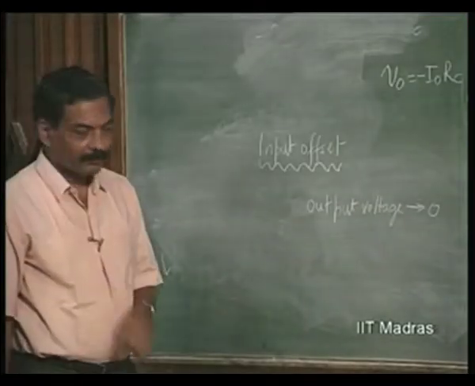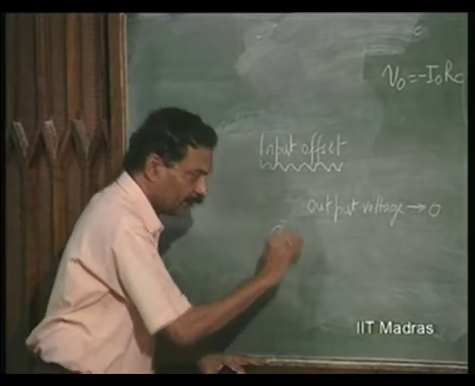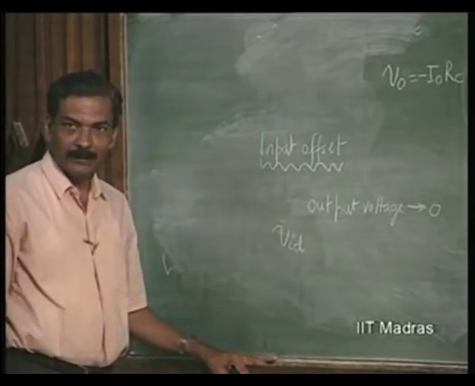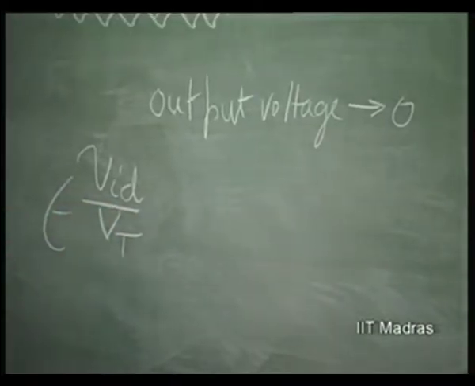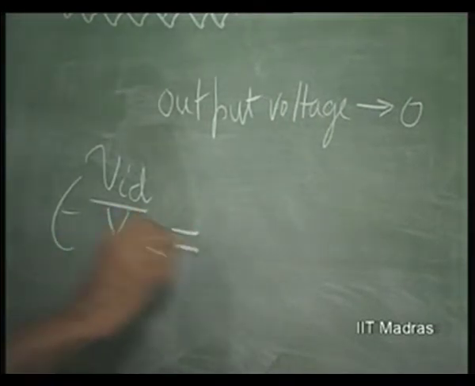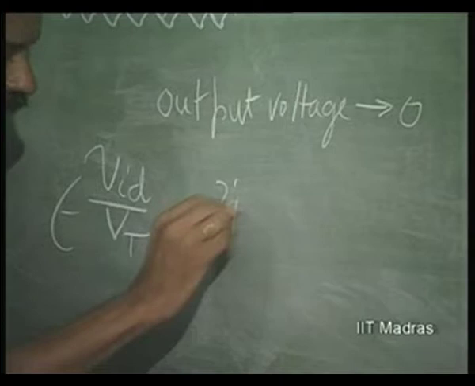It's very clear. Input offset is that VID that I have to apply, so that exponent VID by VT becomes equal to what? What is this normally?